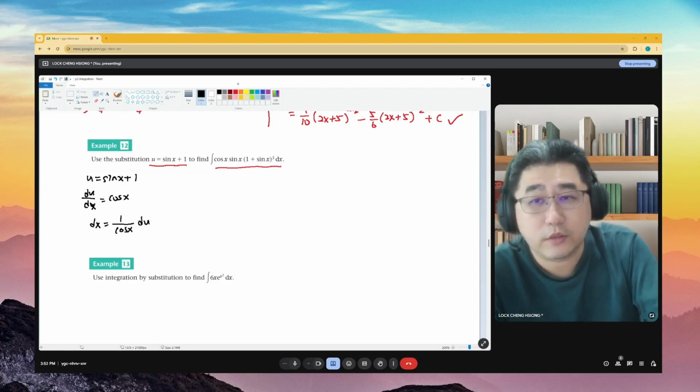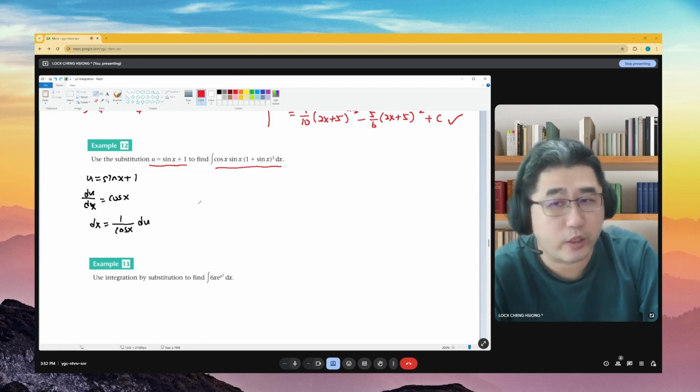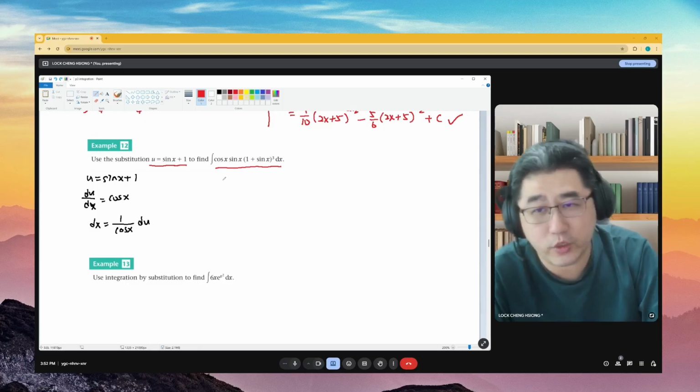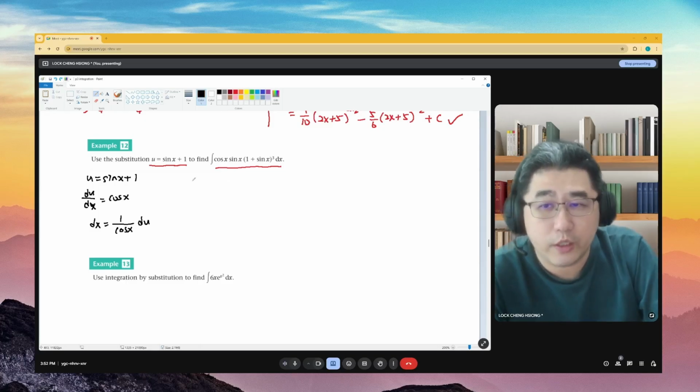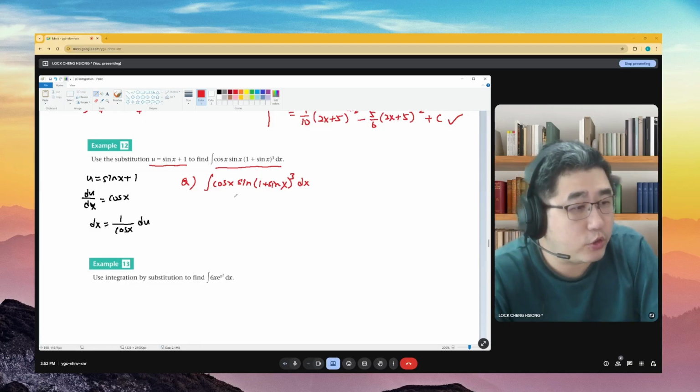Again, as I say, this is not proper maths writing. This is written out to help you understand what you're actually doing, that's all. So from the question, I have the integration of cos x sine x (1 plus sine x) to the power of 3 dx. Everything in the form of x, I need to change.